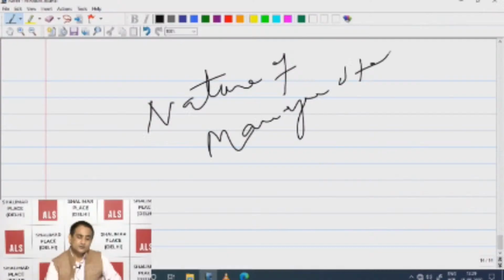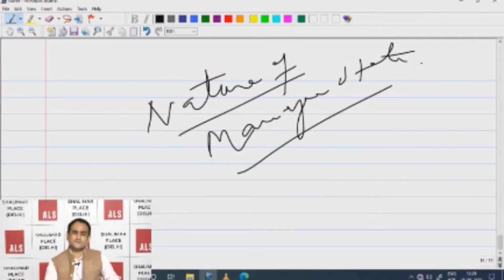Suppose in 2018, they asked a question: do you agree with the popular view that the Mauryas established a unitary and highly centralized, if not monolithic, state system? When they ask this, do you agree, they want to know whether you know the debate regarding the nature of the Mauryan state. There is a debate among historians regarding the nature of the Mauryan state.